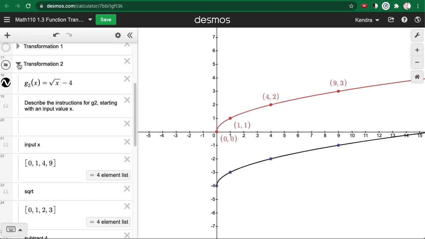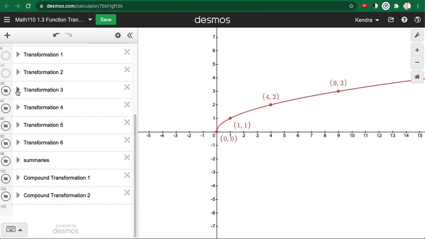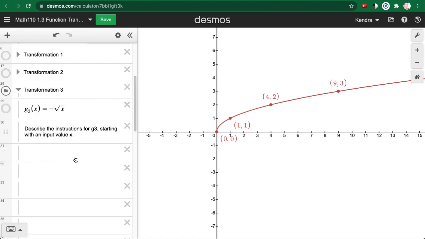All right, next transformation. So this function is: you put in your input, you square root that input, and then you take the negative of that number.